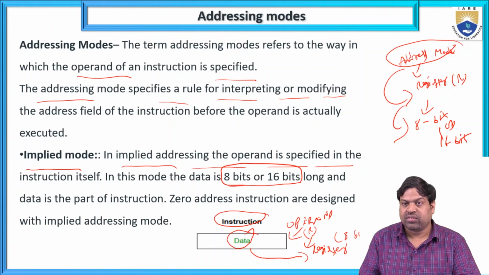Maybe 8 bit or 16 bit, depending on my data size. If my data is large, then I take 16 bit. If my data is small, then I take 8 bit. So this data will be stored in the register, and this register I am taking as an operand. Shall I need an address for this? Yes, we need an address for this operand.